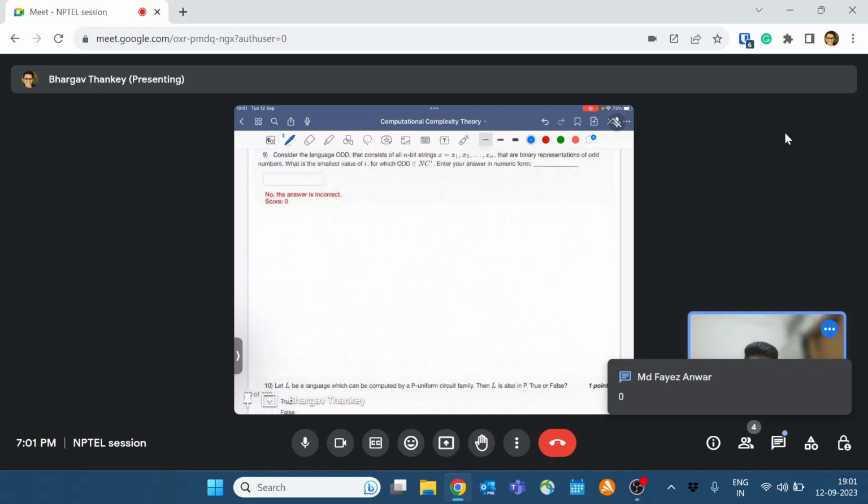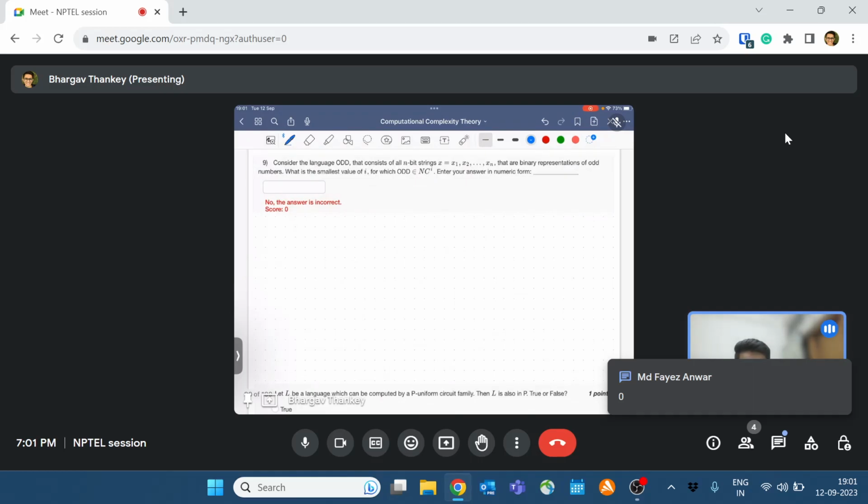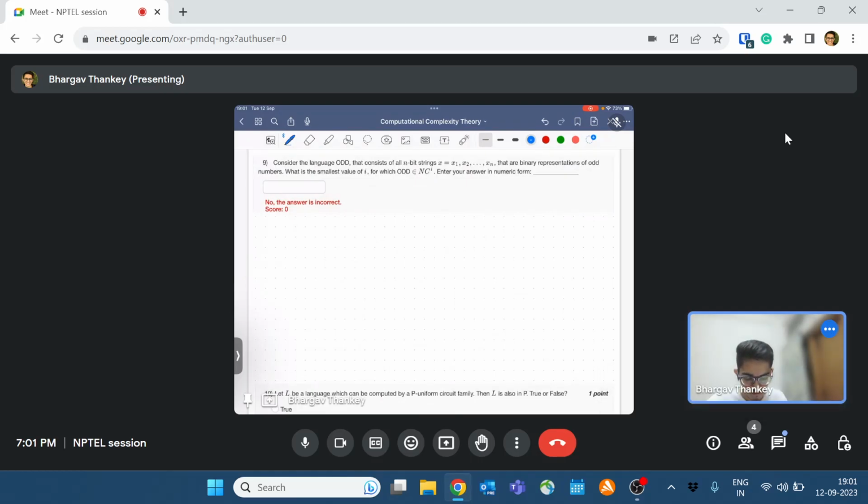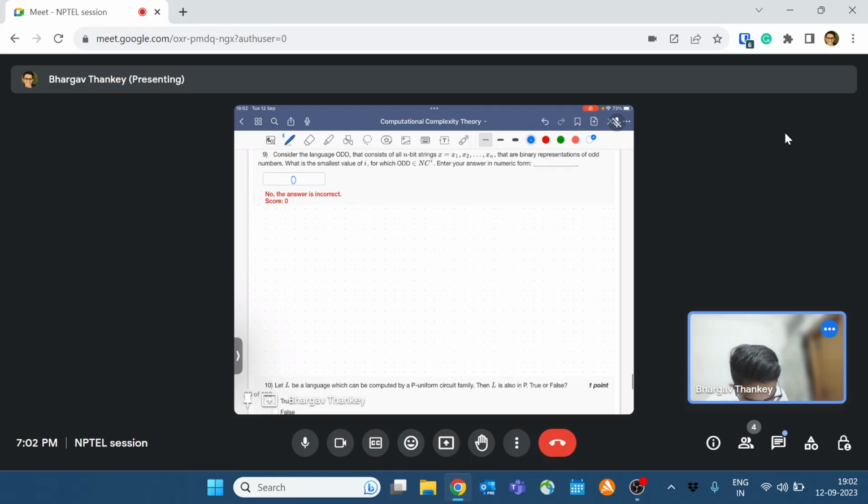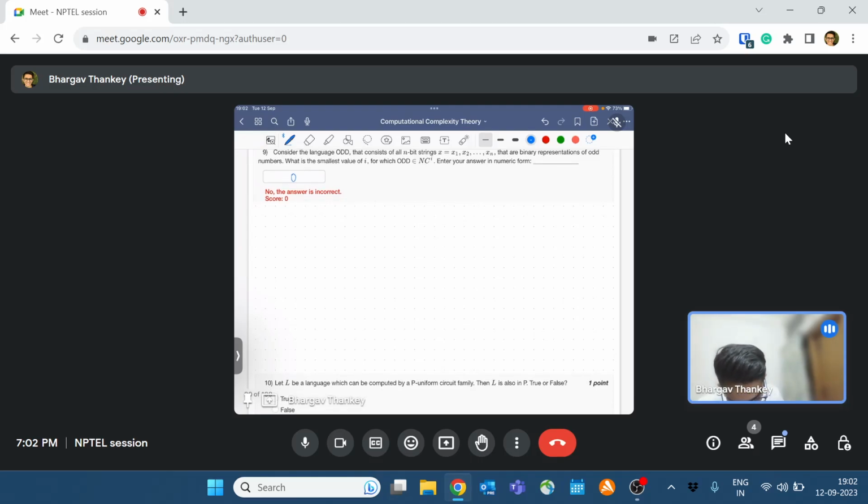Okay, yeah. So why is that? Well, I just need to check the last bit, right? Yeah, so all you need is this. This is the circuit. Okay, so let me write it. X is odd if and only if xn is 1, right?